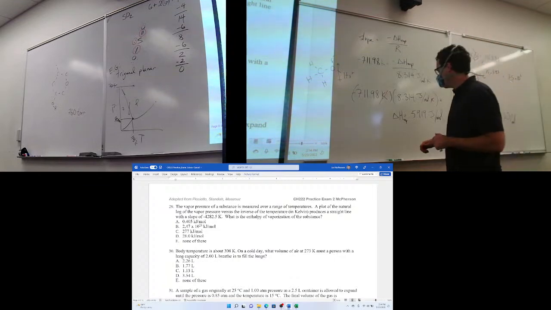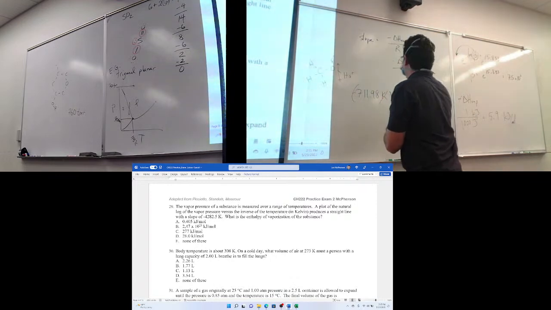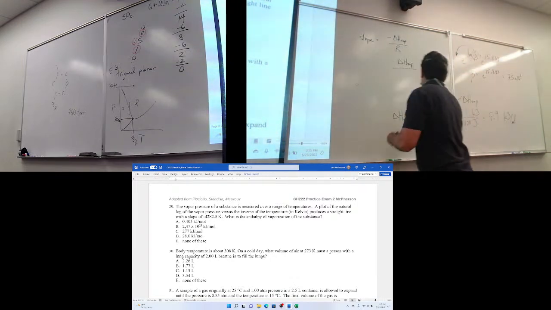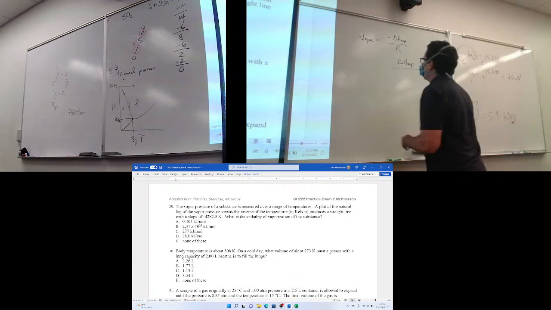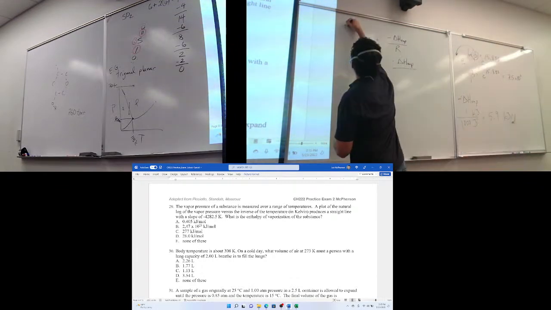Okay, so I'm just going to swap some numbers around here. Here I'll write it just in case, the full Clausius-Clapeyron equation is this.